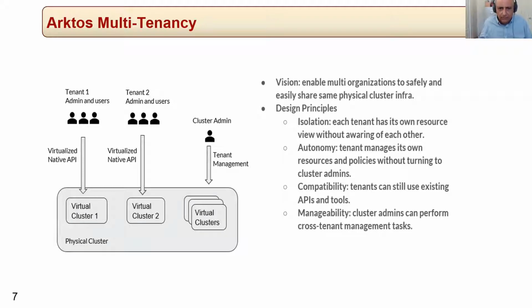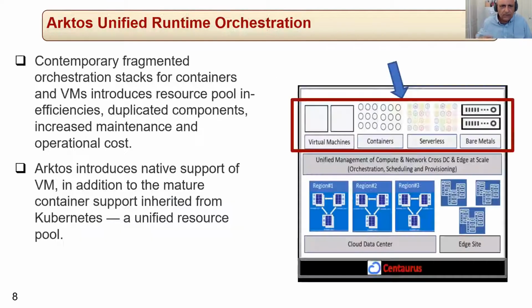The key feature which we enable is a unified runtime orchestration. So essentially, Kubernetes is very good at orchestrating containers, and OpenStack is very good at orchestrating VMs.